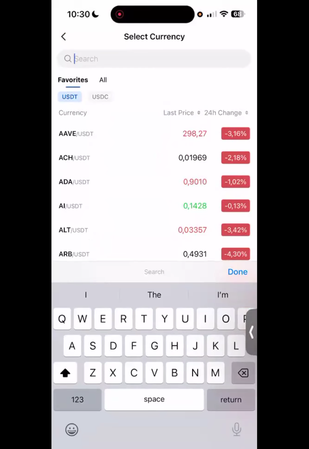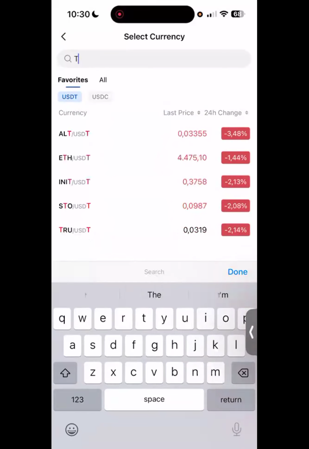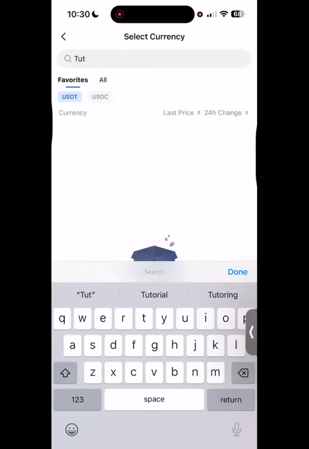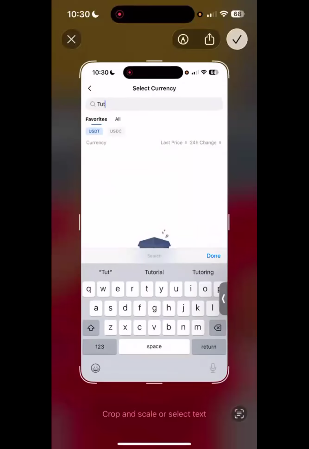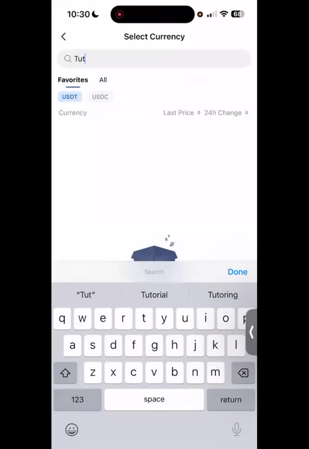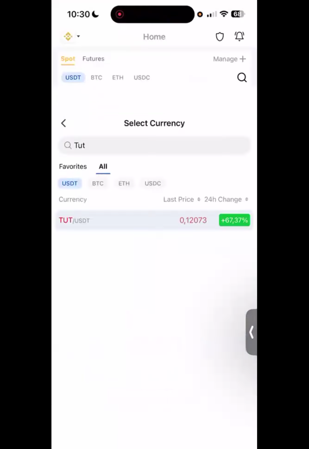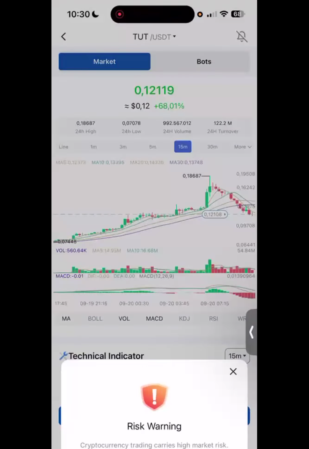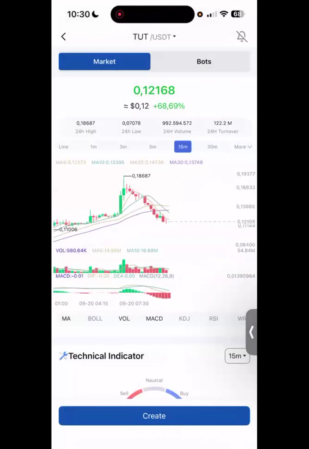where you'll be able to type the name of the coin, maybe TUT. You don't see it under favorites because you've not traded it before. Neither have you saved settings in it. So you go to all, then it's here under all. Then you tap on it. Then I understand the risk notice.